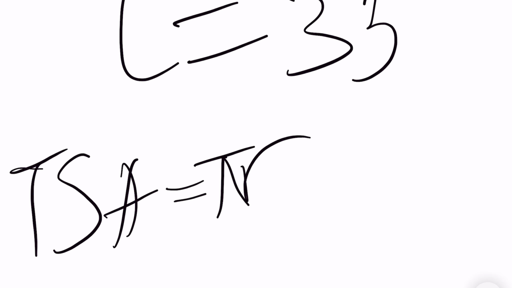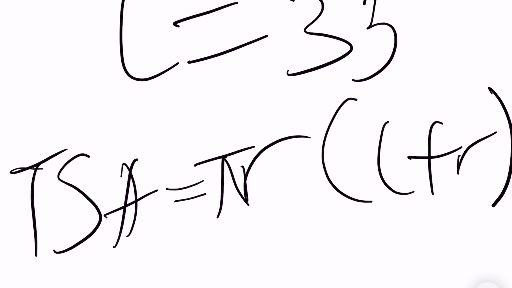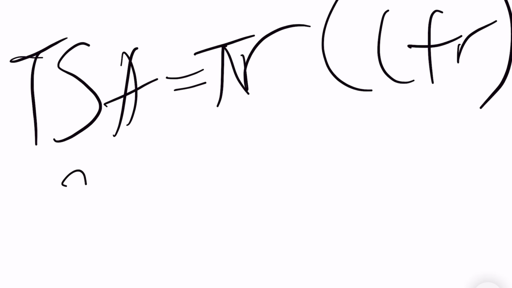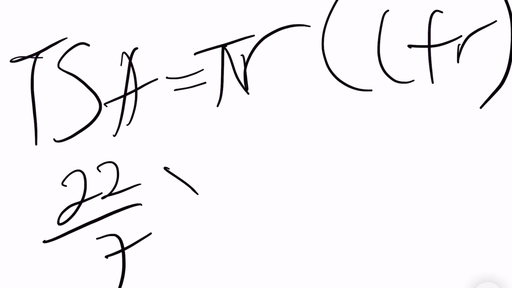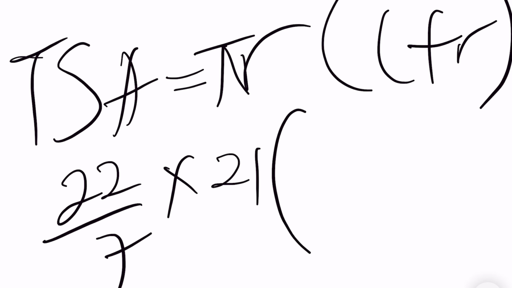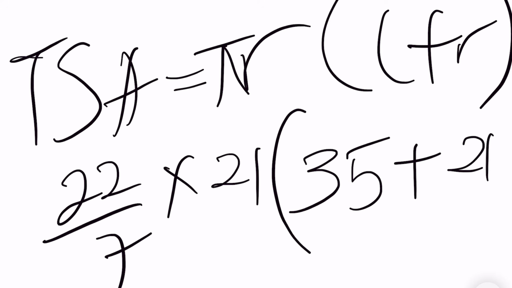So the last question says find its total surface area. Now the total surface area for a cone is pi r into bracket l plus r. So we have our pi r to be 22 over 7 times 21 into bracket. What is our l? Our l is 35 plus 21.